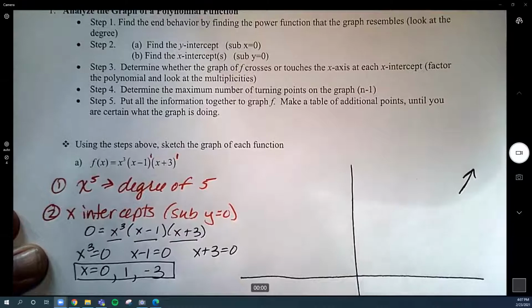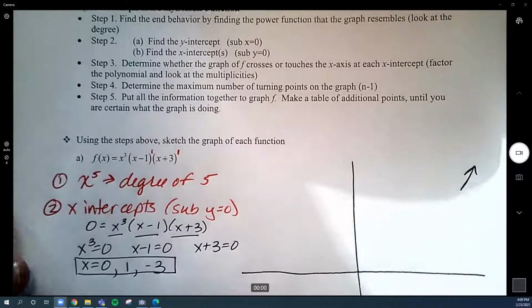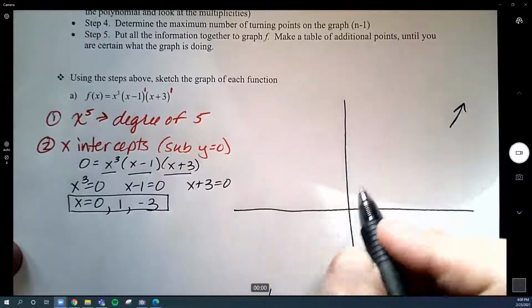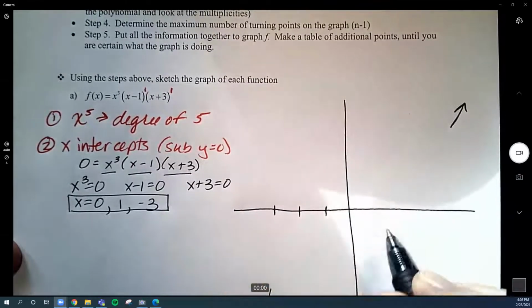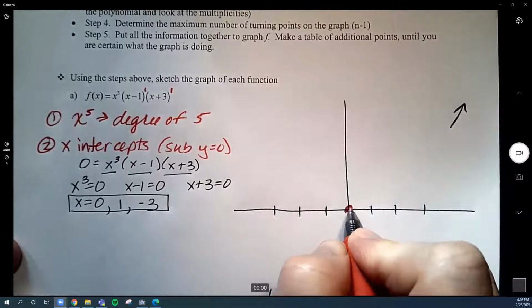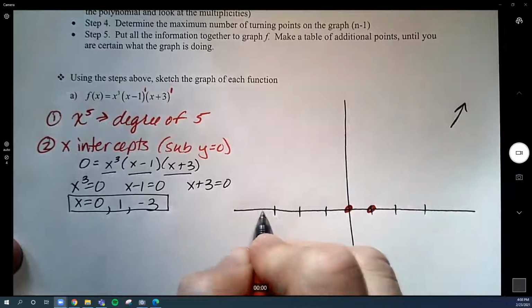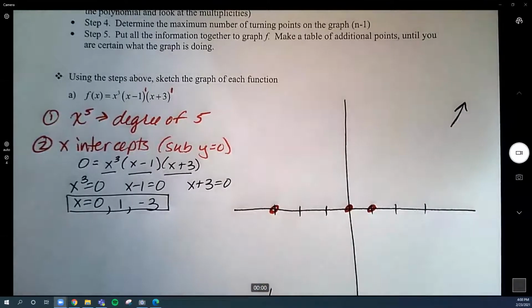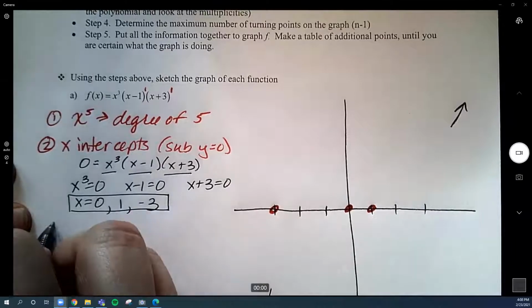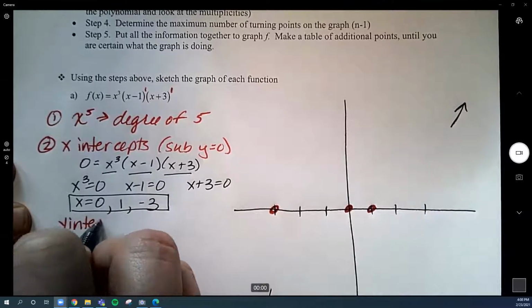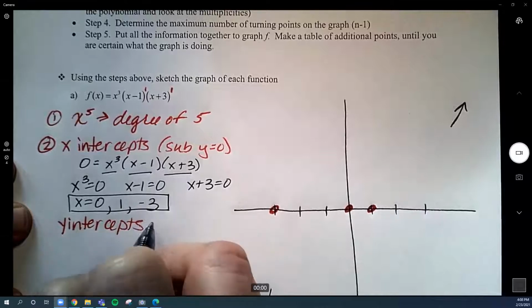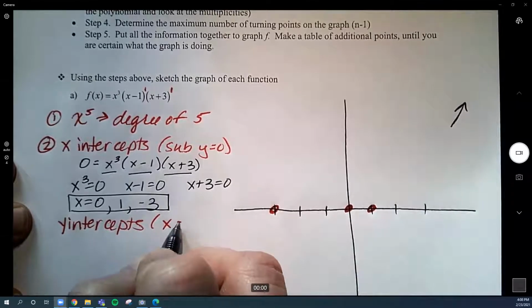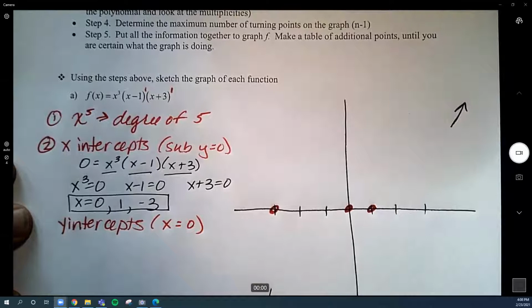Those will be my x-intercepts. So I'm going to go ahead and graph those on my graph over here. I'm going to have points at 0, 1, and -3. Now from there, we're also going to find our y-intercepts. We find the y-intercept by setting the opposite letter equal to 0.